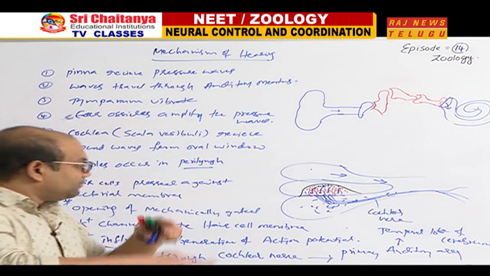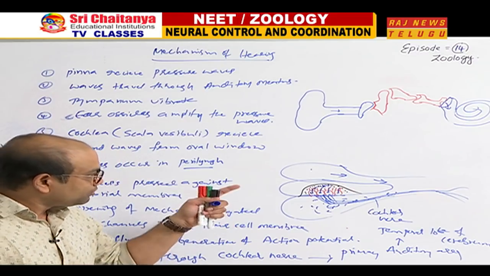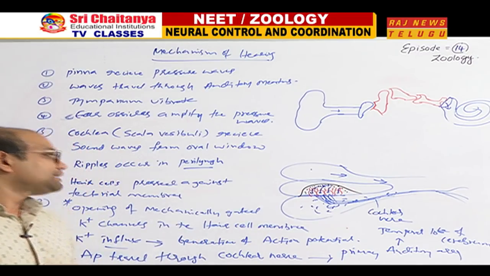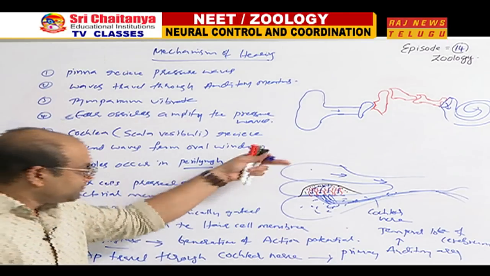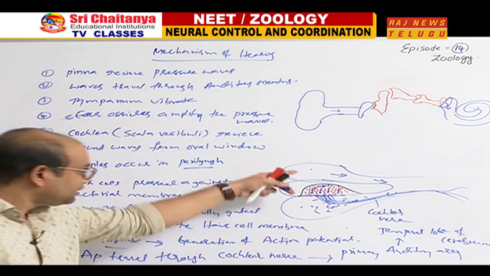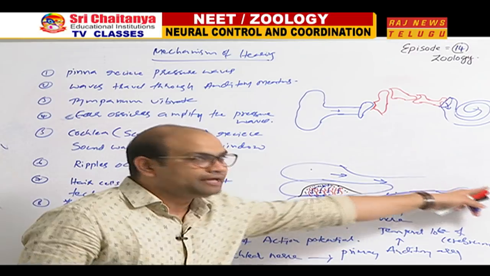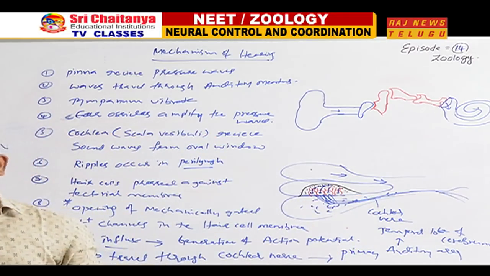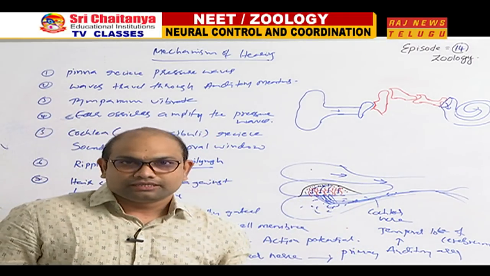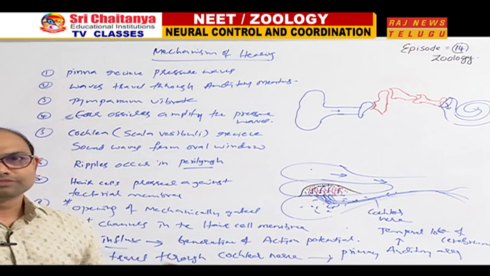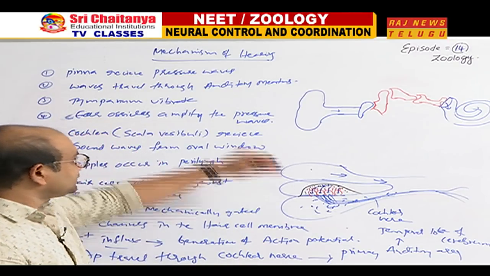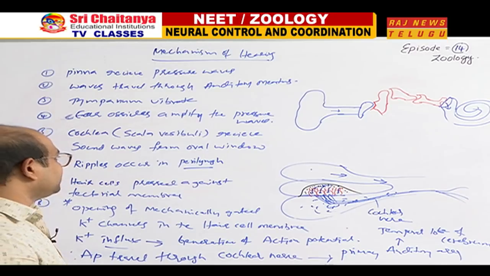Because of that mechanical pressing, the mechanically gated potassium channels present in the hair cell membrane open, potassium influx occurs, and an action potential is generated, taken by the cochlear nerve and carried to the primary auditory area of the cerebral cortex, especially the temporal lobe. There the sound waves are analyzed. So, this is the mechanism of hearing.